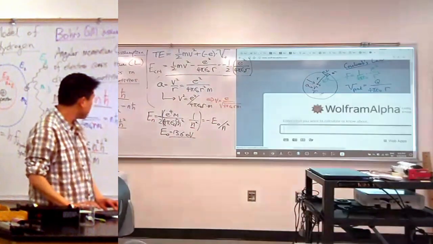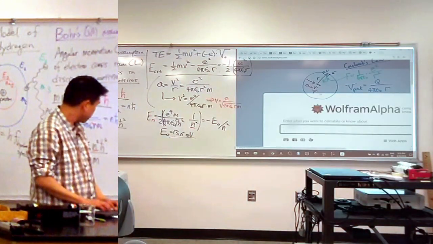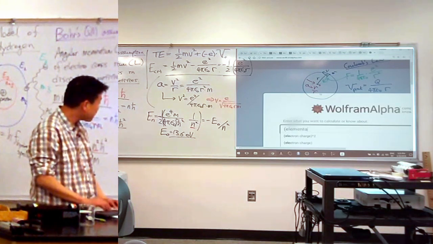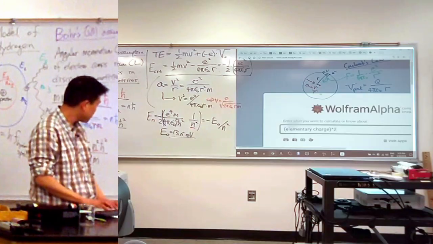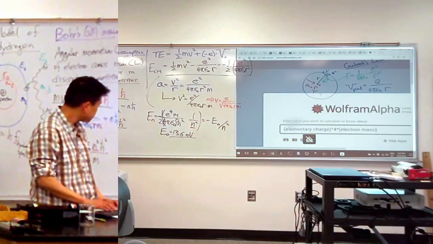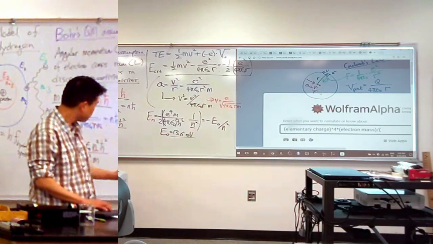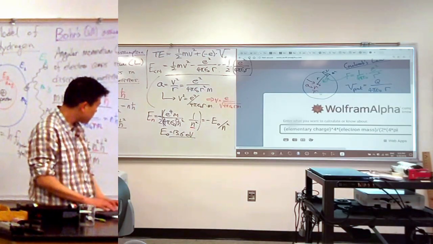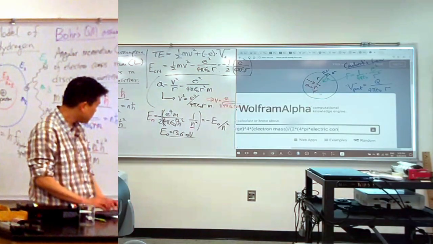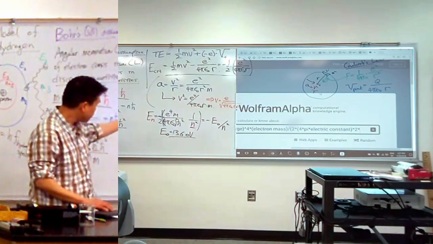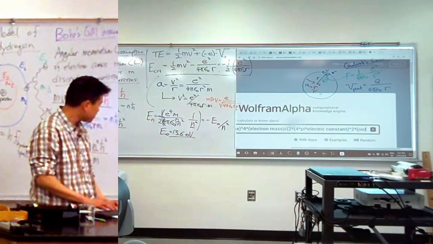Wolfram Alpha. All right, I have to plug in all those right. So I'm skipping minus for now. Elementary charge squared, to the 4th power, times m, that m is electron mass. Electron mass divided by 2 times 4 times pi times electric constant squared, times h bar, and that h bar is called the reduced Planck constant.